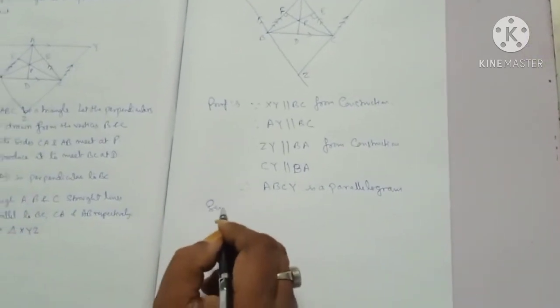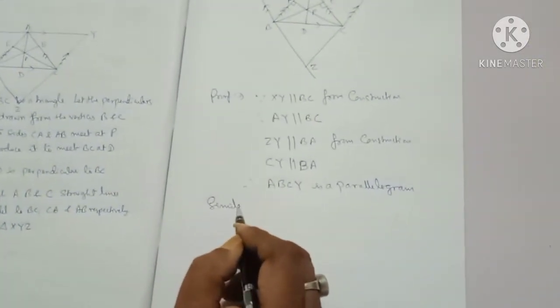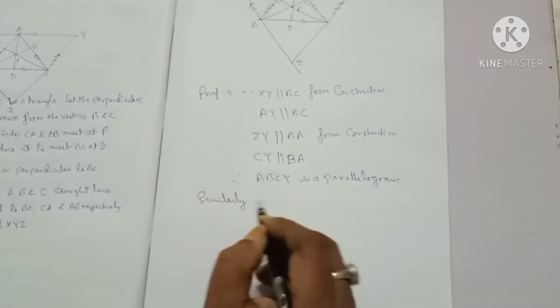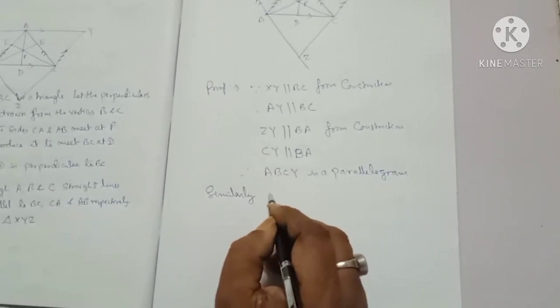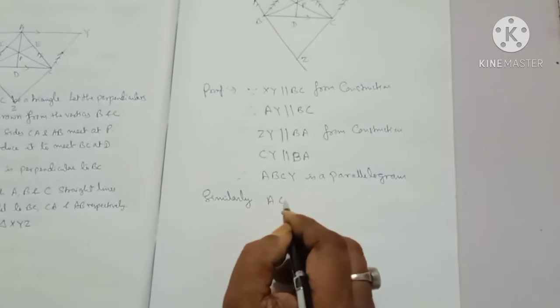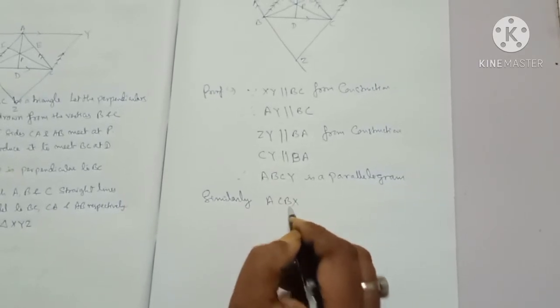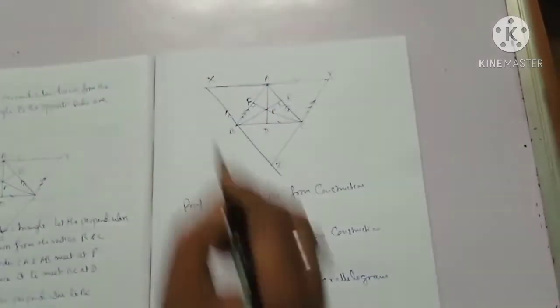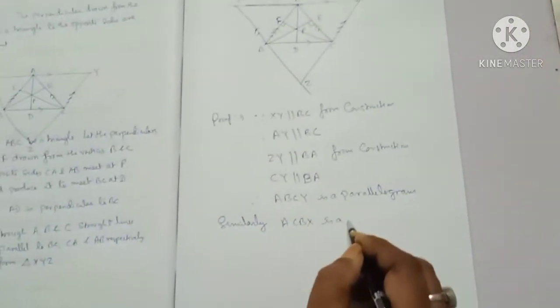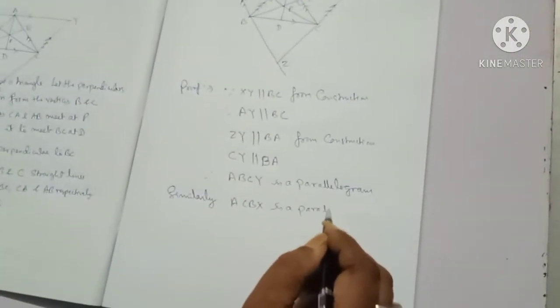Similarly, we can also say that ACBX is a parallelogram.